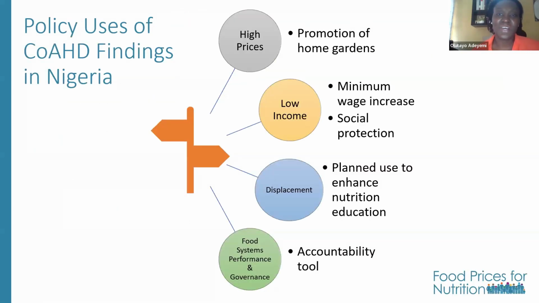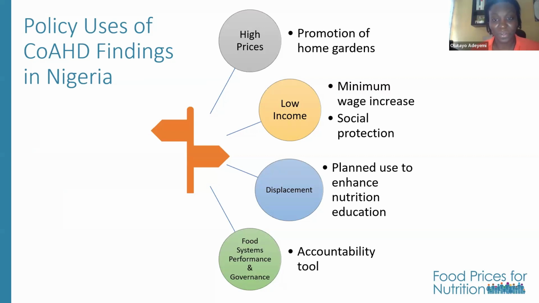And so I will go over the different ways in which Nigeria has used the data from the cost and affordability of healthy diets to influence policy. I mentioned that if there are high prices, then there are decisions you can take. If there's low income, there are decisions you can take. And in Nigeria's case, we've taken decisions based on these two things.